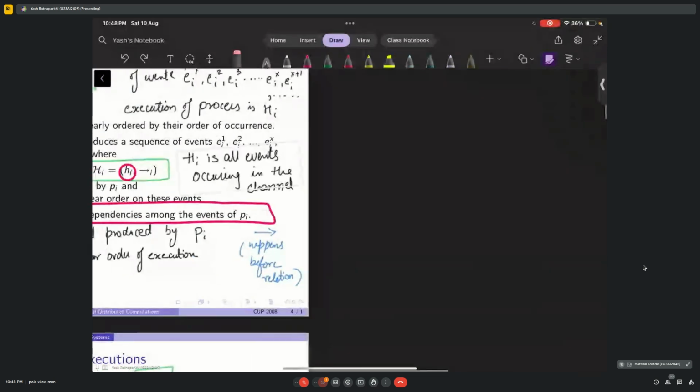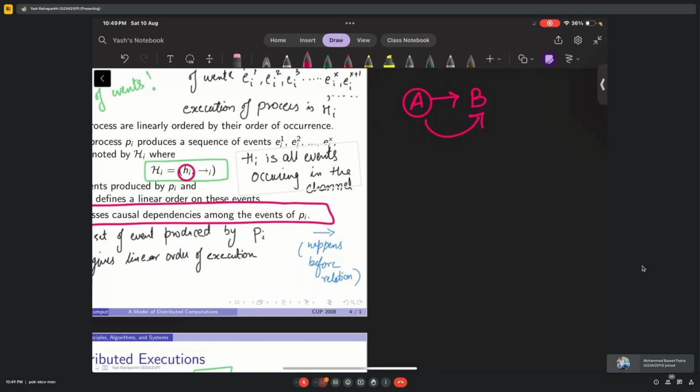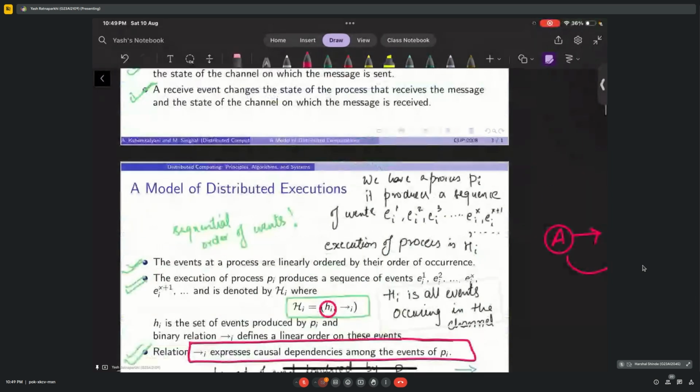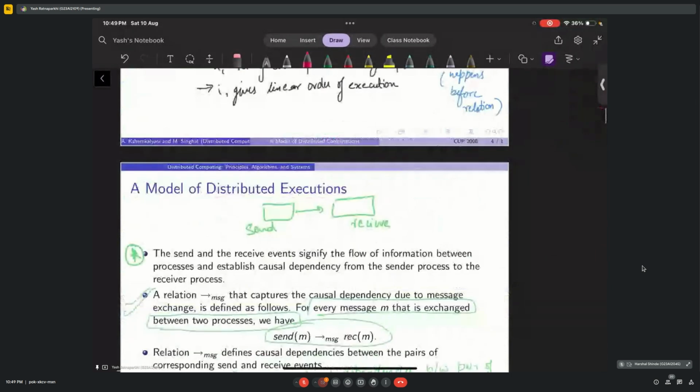For example, there is a process A and a process B. If I make this arrow, and a change of state of A affects a change in B, then I can say that B is causally dependent on A. It means B is waiting for A to change its state so that it can change itself. That's the definition of causal dependency. I have written it, and in the coming slides you will get to know more.